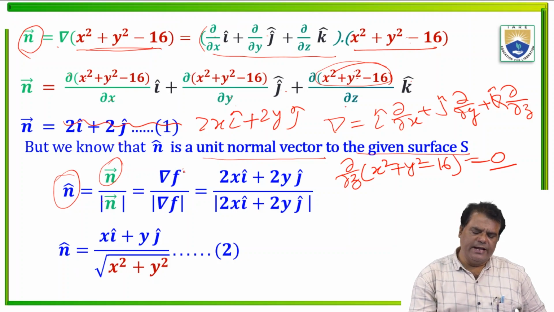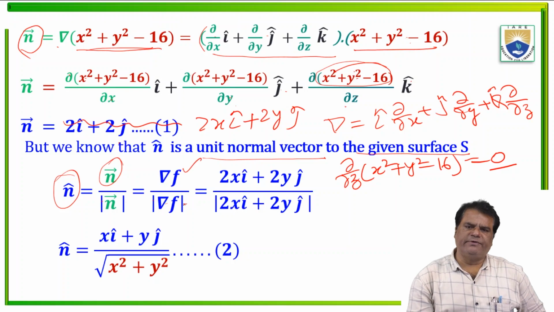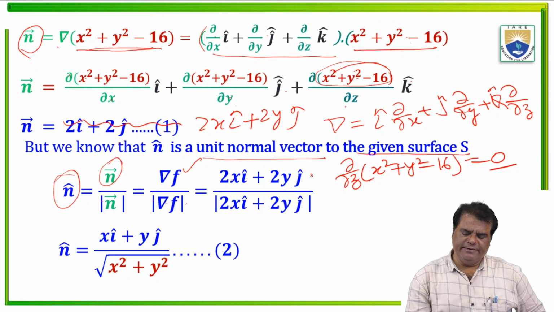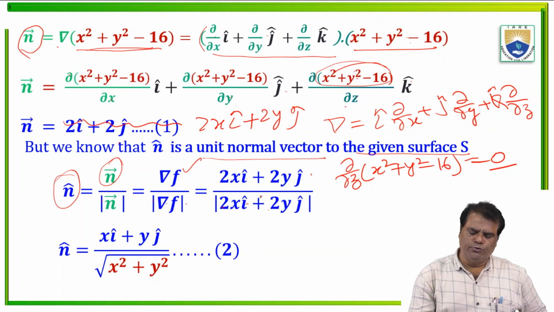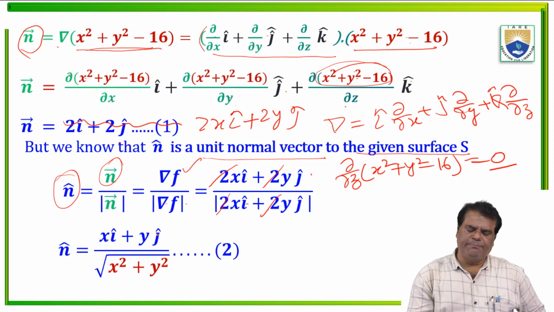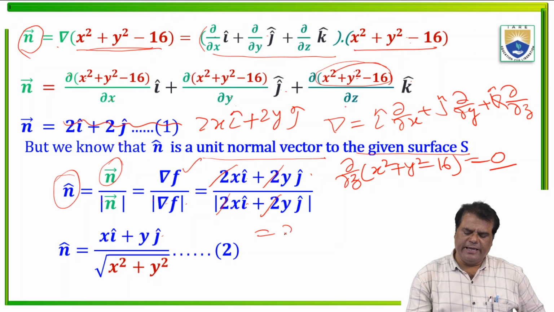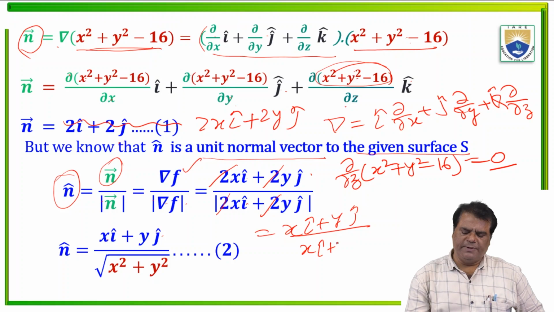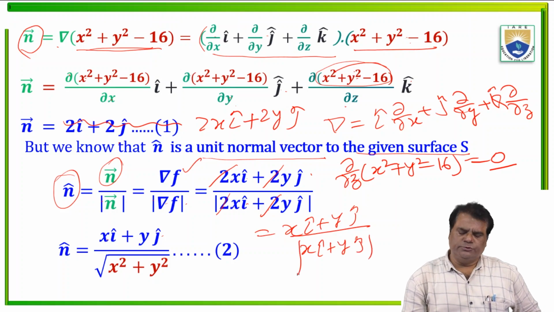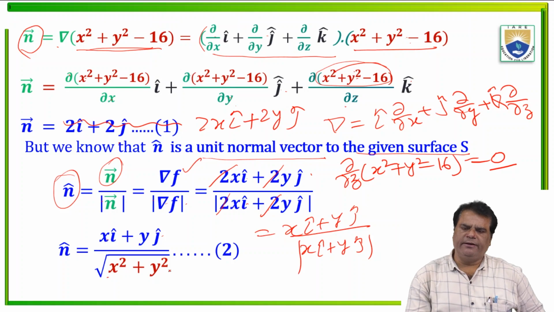So n vector is del f, divided by mod of del f: 2x i plus 2y j upon modulus of 2x i plus 2y j. So 2 is cancelled after taking common. x i plus y j upon mod of x i plus y j. Mod of this is under root x square plus y square. This is n cap.